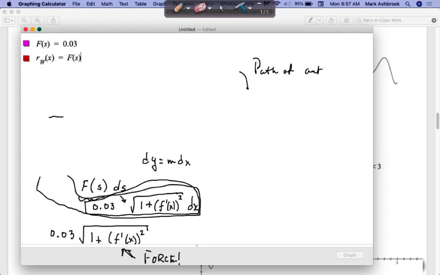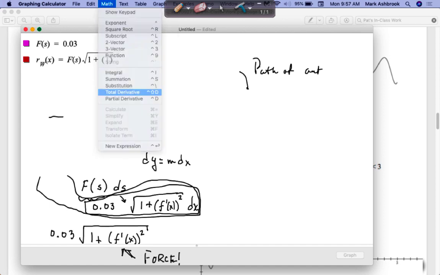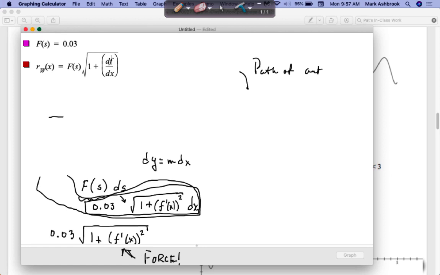Square root. Do derivative. This we can do. This is x. This is fine. Okay, and then we're ready to write the work function.